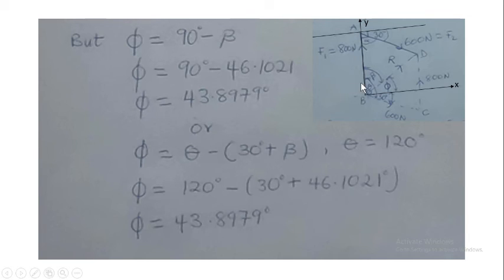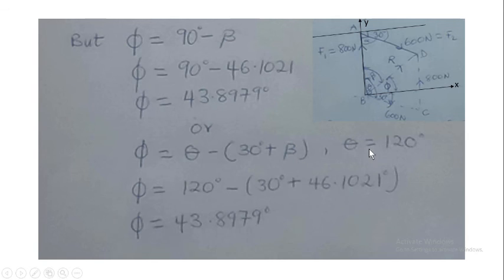Or you know that theta equals 120 degrees, and theta is also equal to the 30 degrees here plus phi plus beta. Beta plus phi plus 30 degrees should give you the value of theta, which is 120. And so when you make phi the subject of that equation, you get phi to be equal to theta minus 30 degrees minus beta.